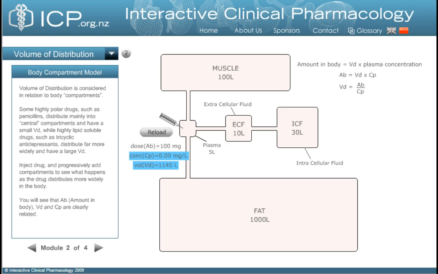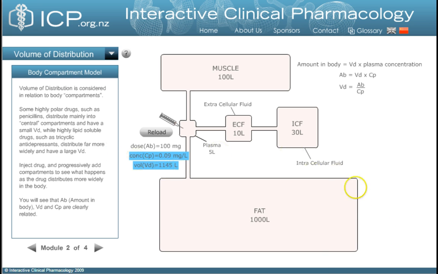Now, none of our patients have 1,000 liters of anything in their body. So what does this volume of distribution mean? It's just telling us that the final concentration of drug in the serum is as if the patient were made out of 1,100 liters of water. And why is this happening?